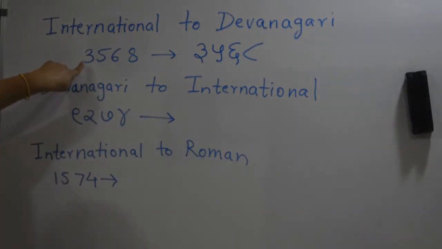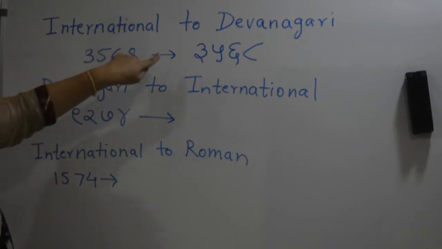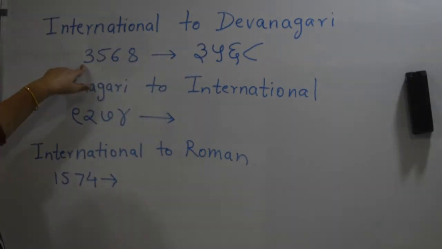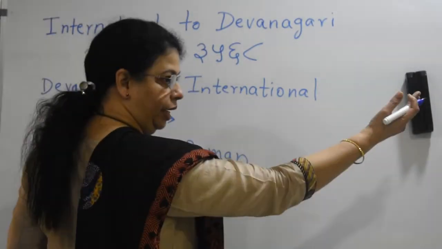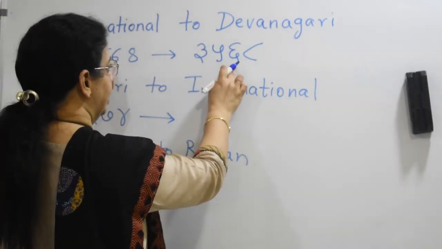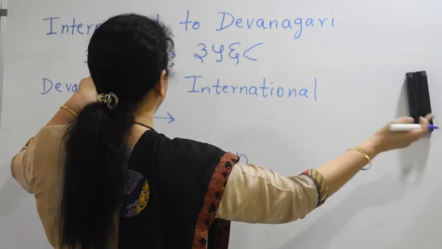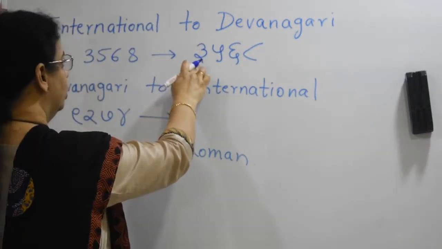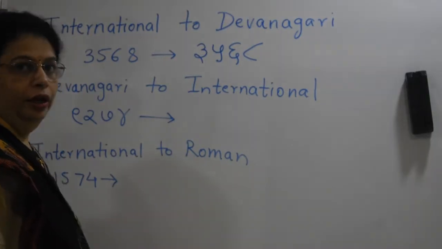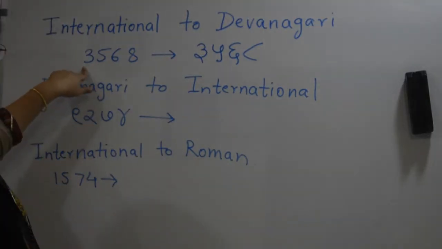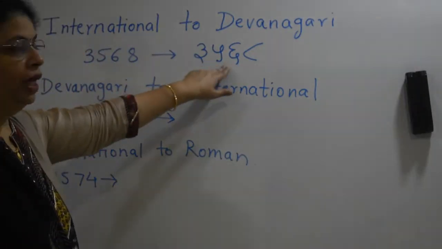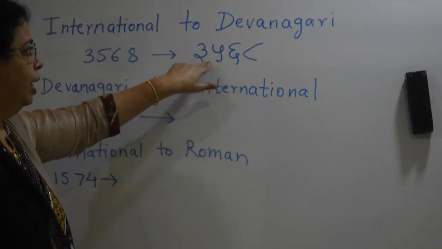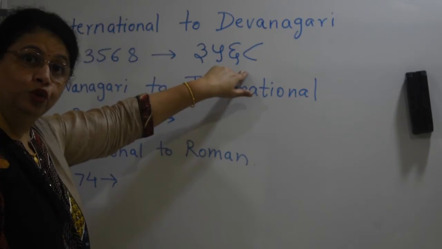Remember children, in international numeral and Devanagari numeral, 3 is facing the same side and 6 also facing the same side. 6 and 6 both are facing to the right, 3 and 3 both are facing to the left. So whenever you know international numerals, you know the direction. So follow the same direction for 3 and 6 because they are similar. So confusion may occur there.